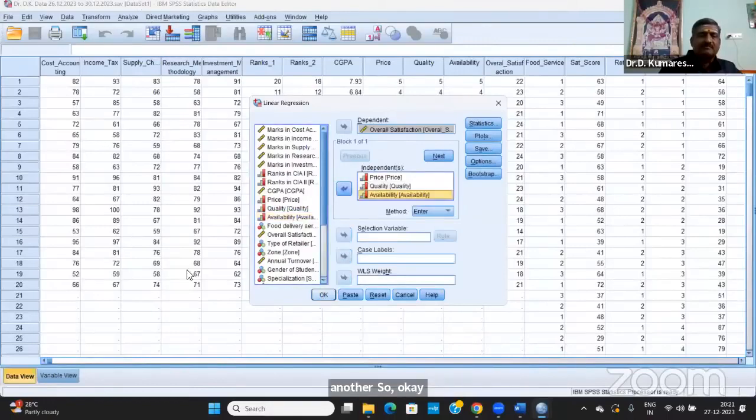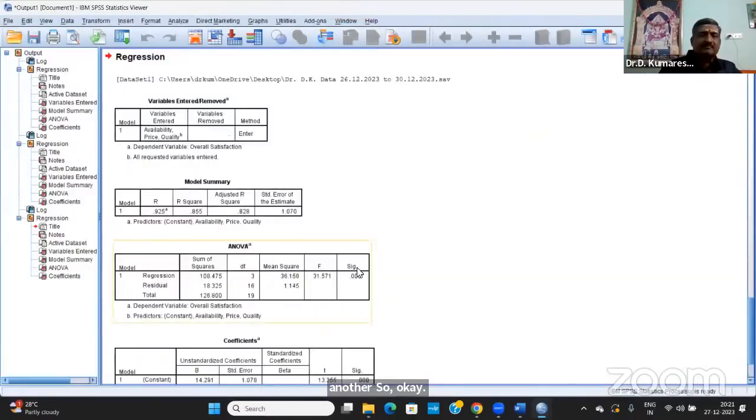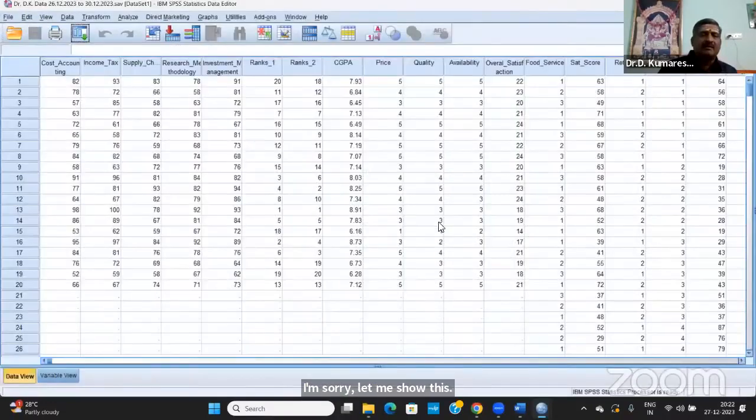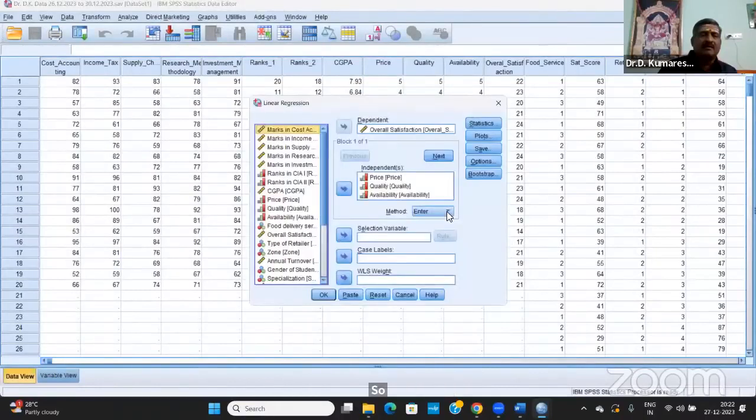Or once again, let me show this. See here, the method is selected as Enter by default. See here: stepwise, remove, backward, forward.